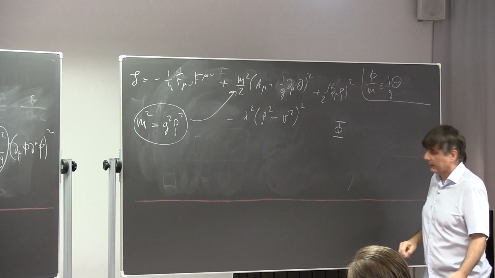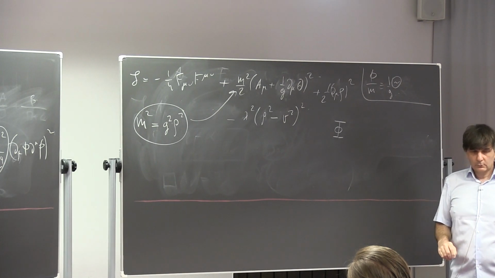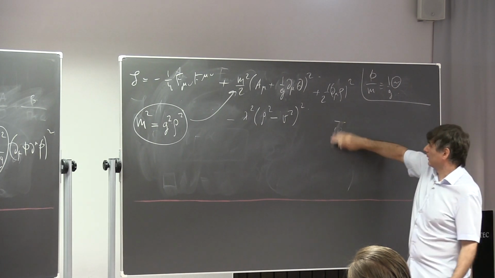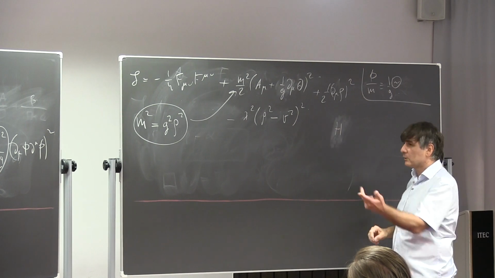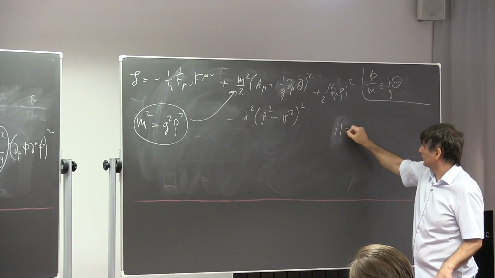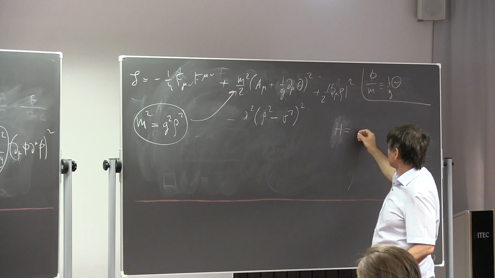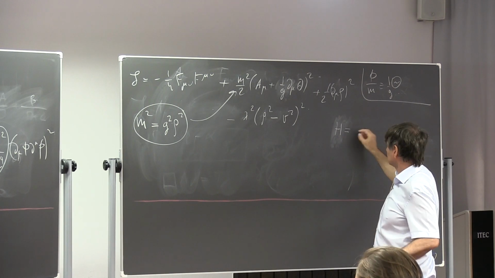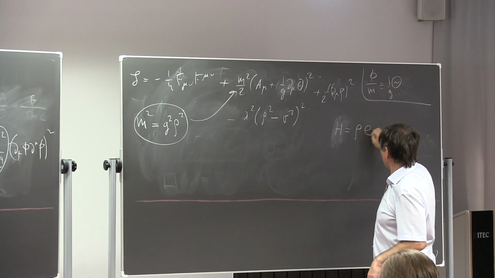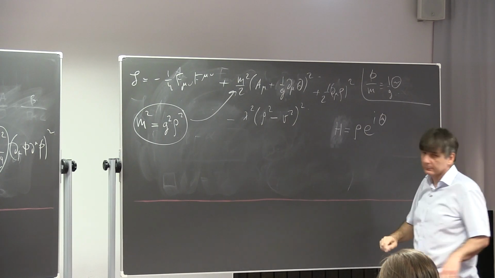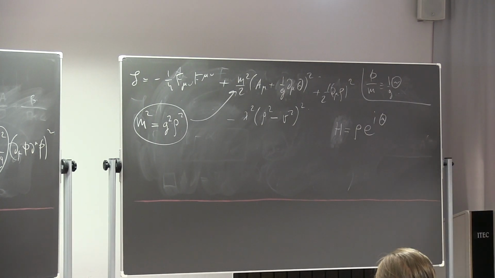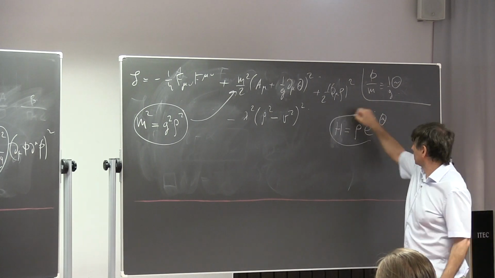Let me call it capital phi. Should I call it capital phi or H? Let me call it H. But H was Hamiltonian, but okay. Now it's a field. H, which is simply rho e to the i theta. That's it. This is this famous Higgs field.